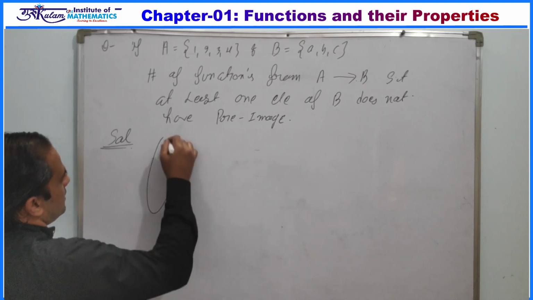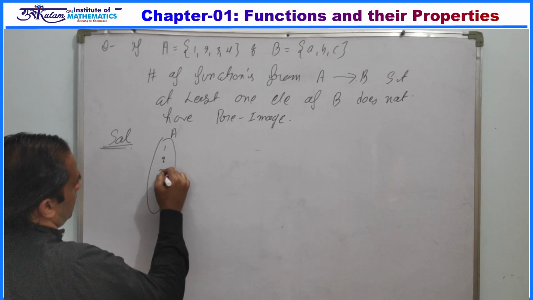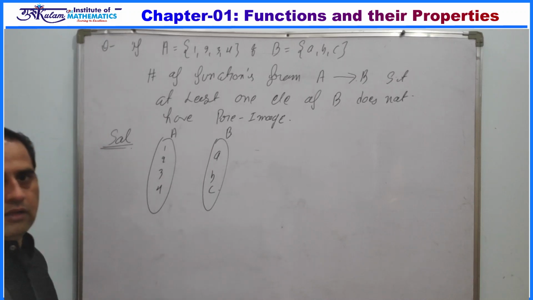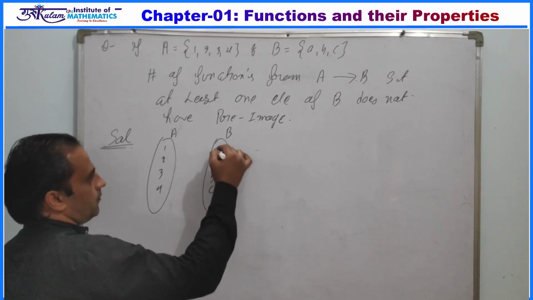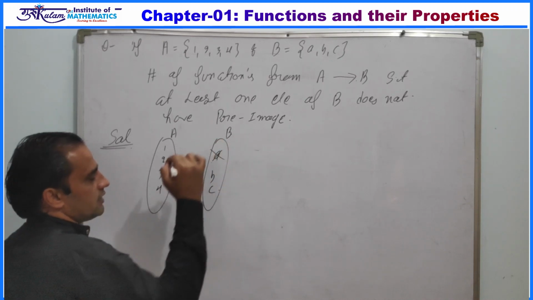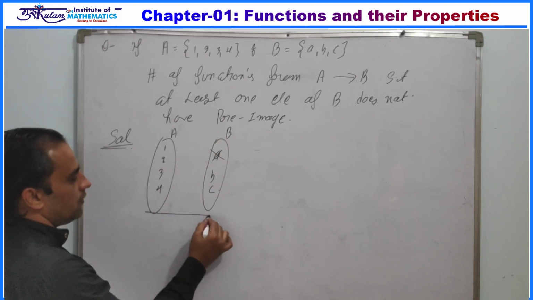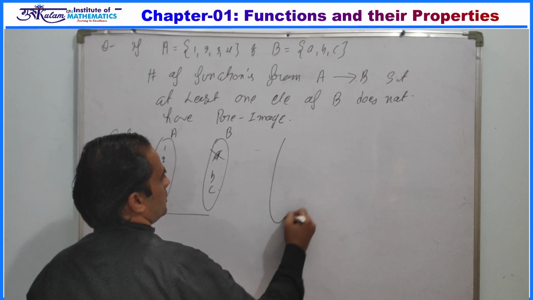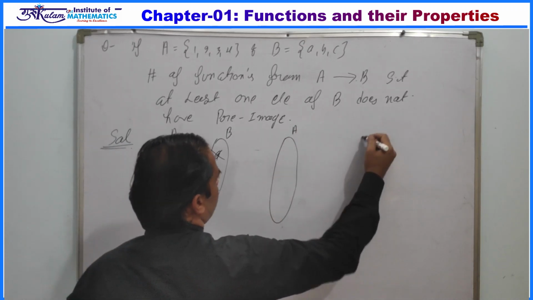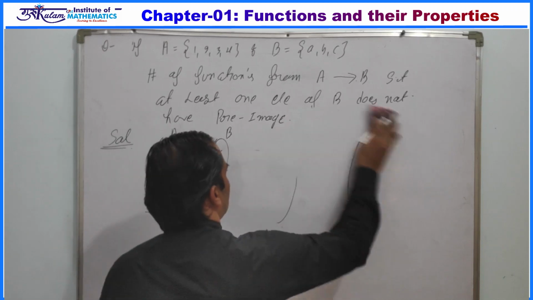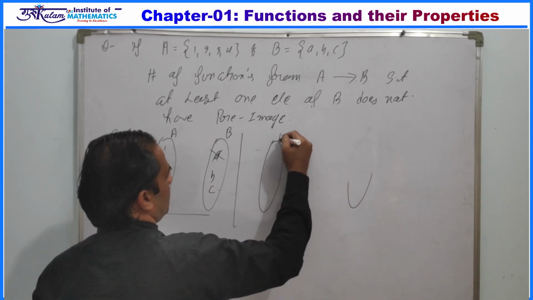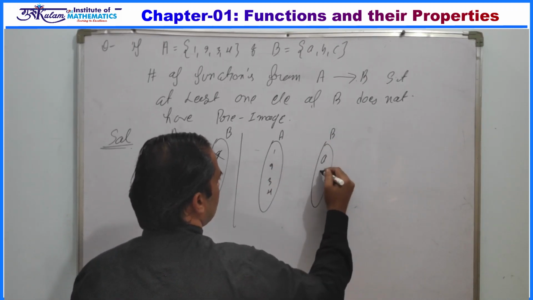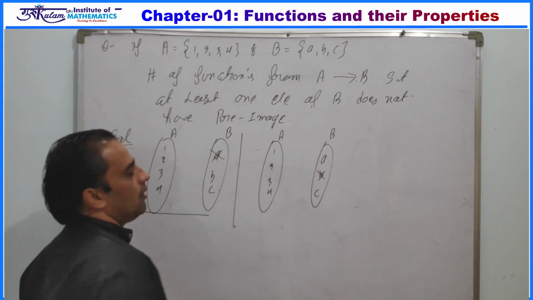So now A has 4 elements and B has 3 elements a, b, c. The first situation is the number of functions in which a does not have a pre-image. This can be the first case because at least one element does not have a pre-image. Similarly, the second situation is A = {1, 2, 3, 4} and B is again {a, b, c} and b does not have a pre-image.